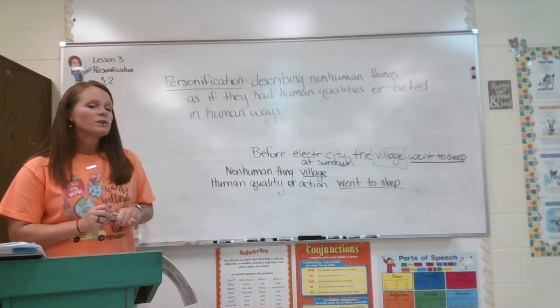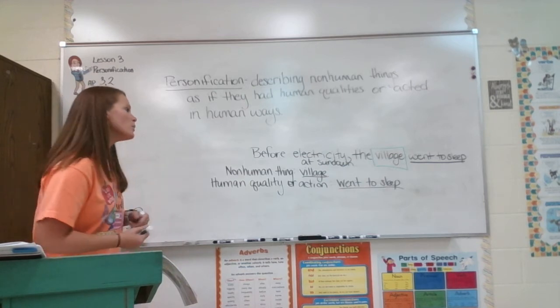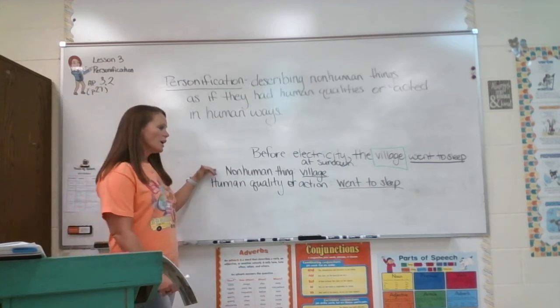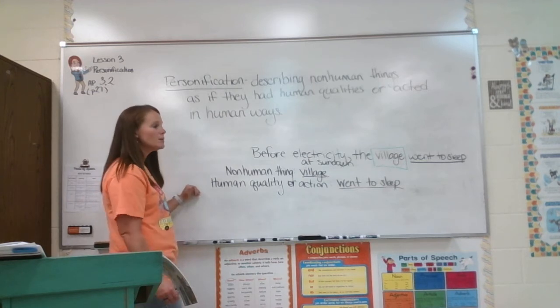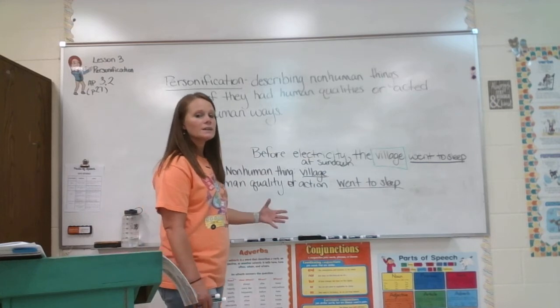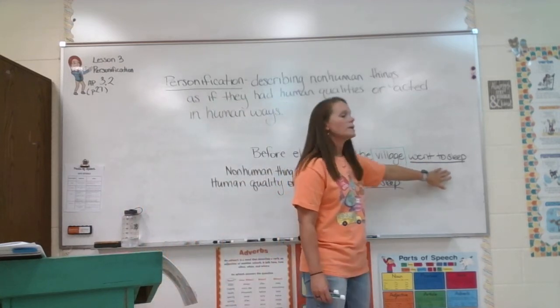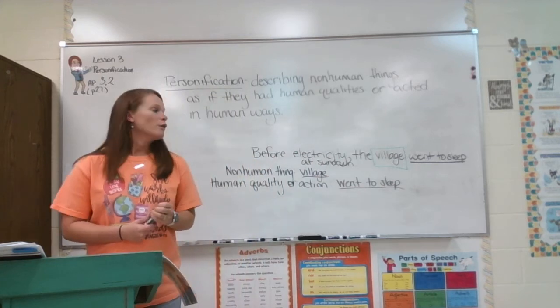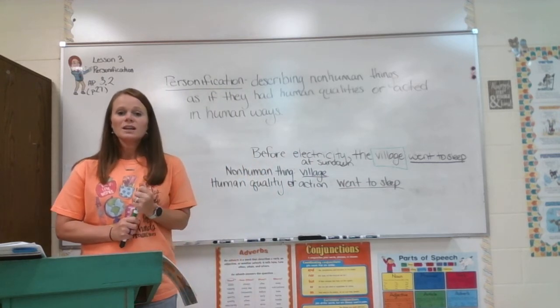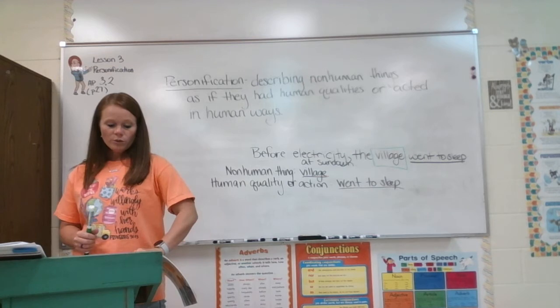Okay? Please feel free to come up with your own example. Now that we have found our non-human thing and our human quality, which is going to sleep, we're wanting to rewrite this sentence, replacing went to sleep with something that is not an example of personification. All right? Take just a moment, work through that one.